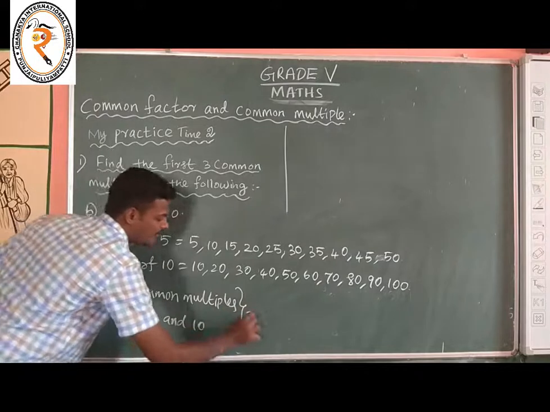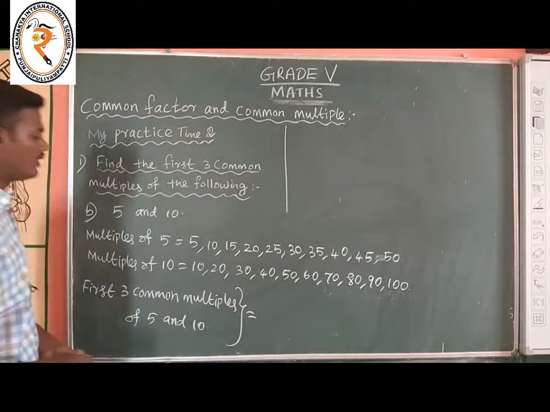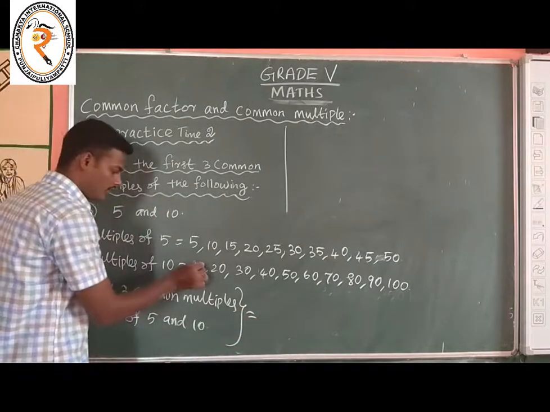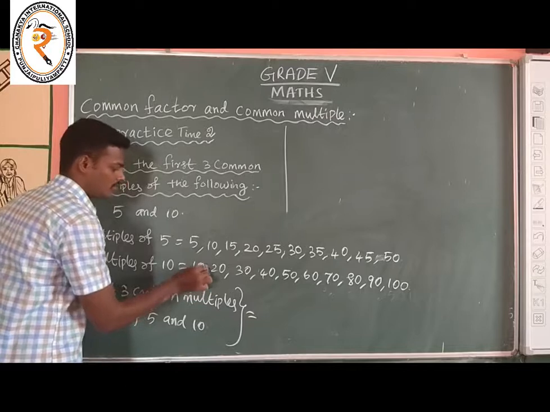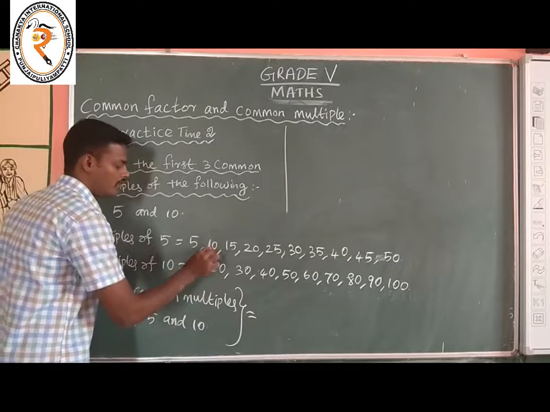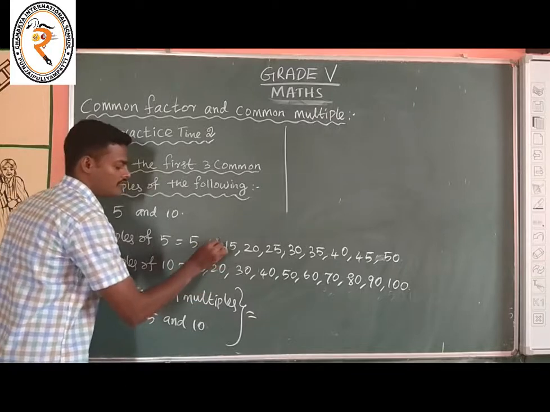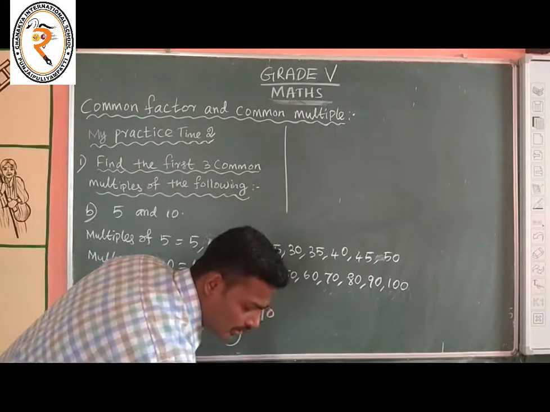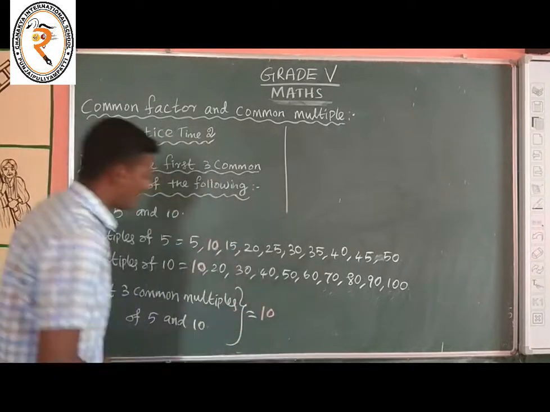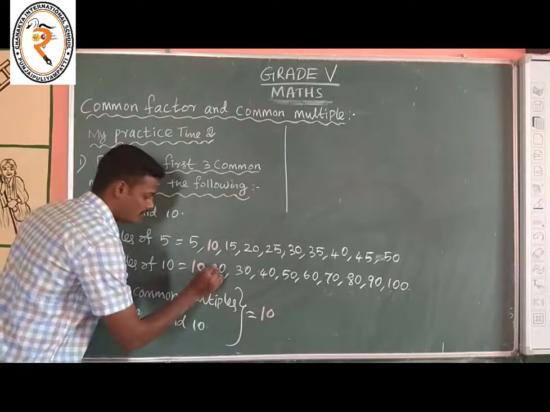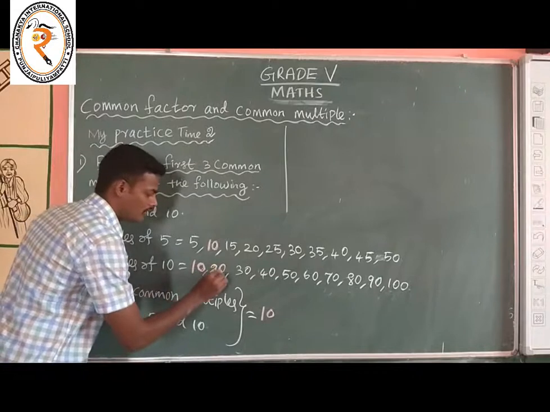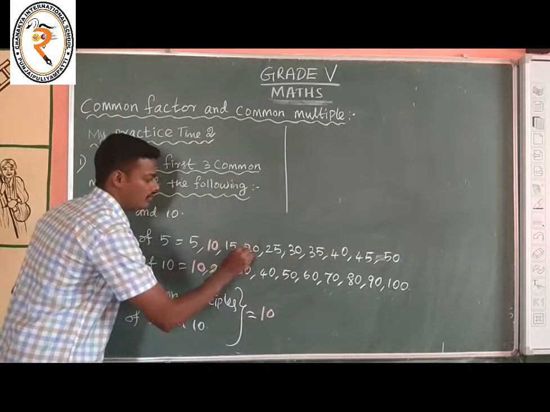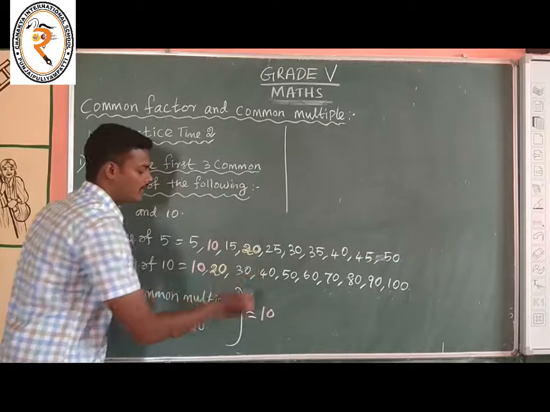So here 10, here also 10, so the first common multiple is 10. The second common multiple: here 20, here also 20.